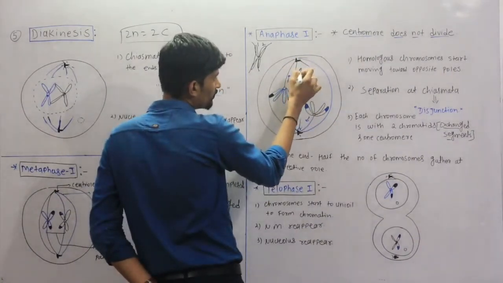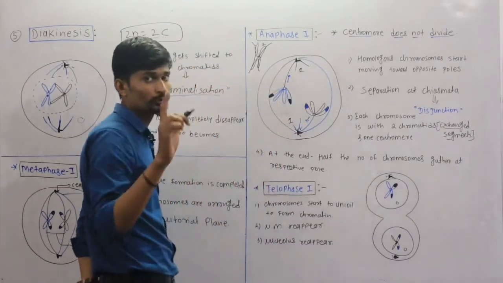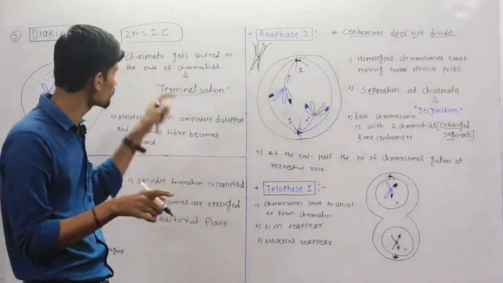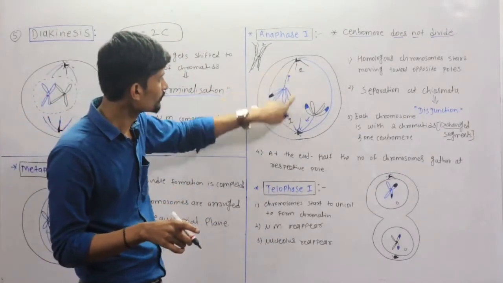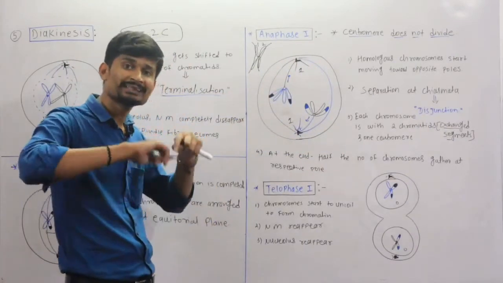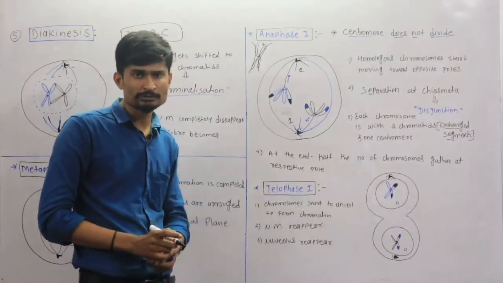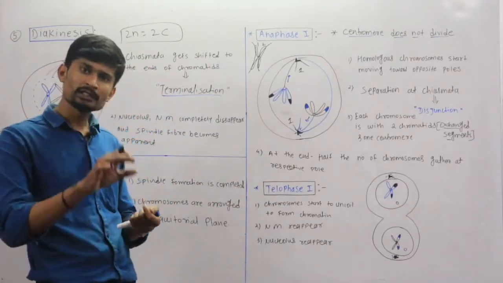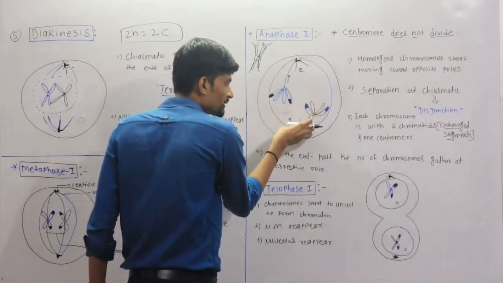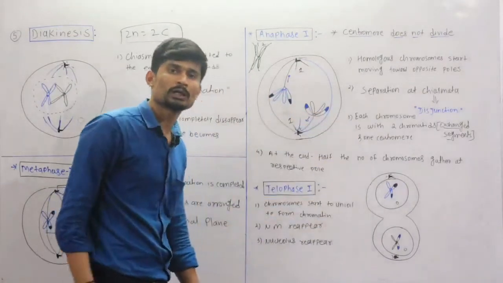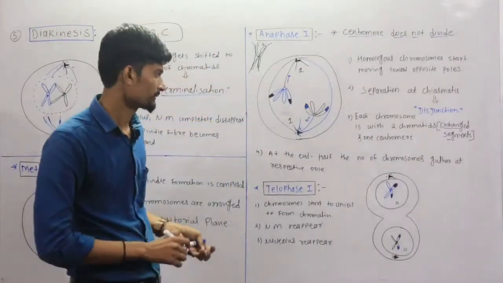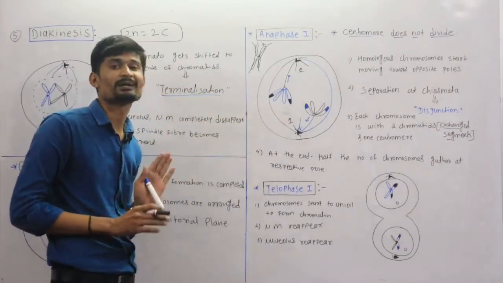So here is 1 chromosome and here is also 1 chromosome. So at the 2 different poles there is half the number of chromosomes, because the parent cell has 2 chromosomes, but now at the 2 opposite poles there is 1 and 1. So in human beings, 23 chromosomes will be present at the upper pole and 23 chromosomes at the lower pole, with the exchanged segments. So anaphase first is completed.